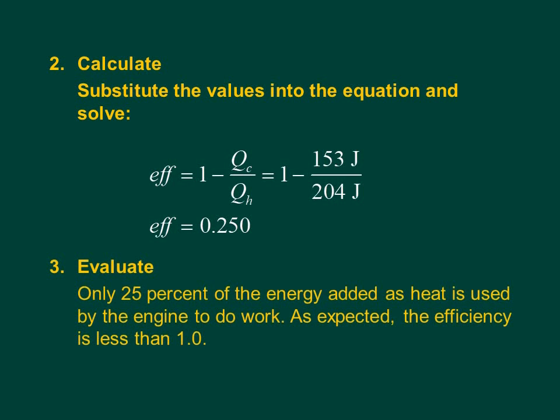So only 25% of the energy added as heat is used by the engine to do work. Only 25% is converted into work, and the 75% is lost as heat to the surrounding air. So the efficiency is less than 1.